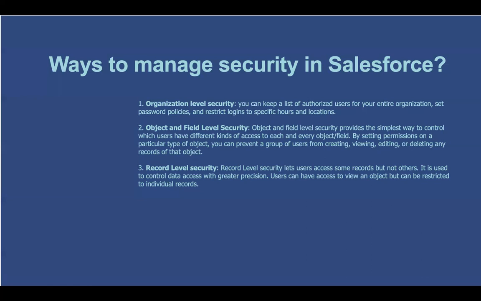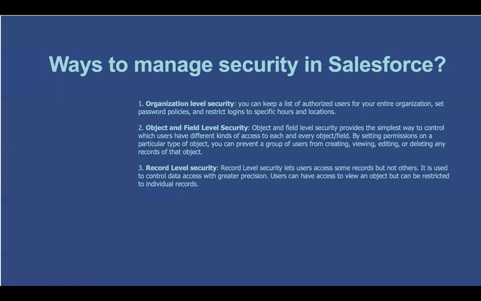Now there are different aspects to different users. I don't want a sales representative who is at the lower level of the hierarchy to view a data set for my sales manager, because that can impact a lot of relationships in the organization and lead to a lot of other things. So I want data privacy there. Maybe there are certain objects and fields which need to be visible to certain folks and might not be visible to certain other folks.